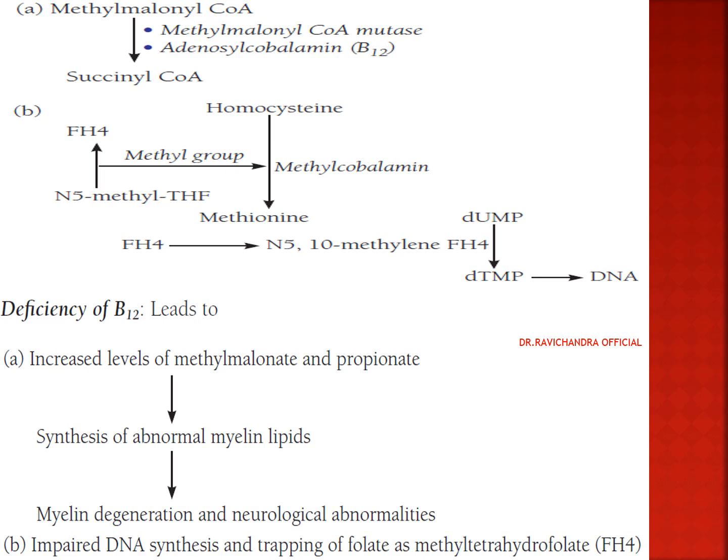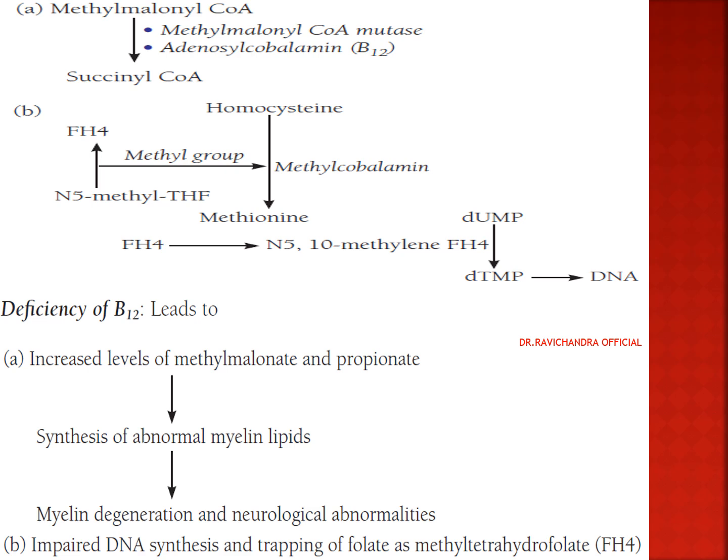If there is no formation of succinyl-CoA, there will be increased levels of methylmalonyl-CoA because of the B12 deficiency, thereby causing abnormal myelin lipids, which end up in neurological abnormalities and myelin degeneration, that is subacute combined degeneration of the spinal cord, and they will show peripheral neuropathy symptoms.